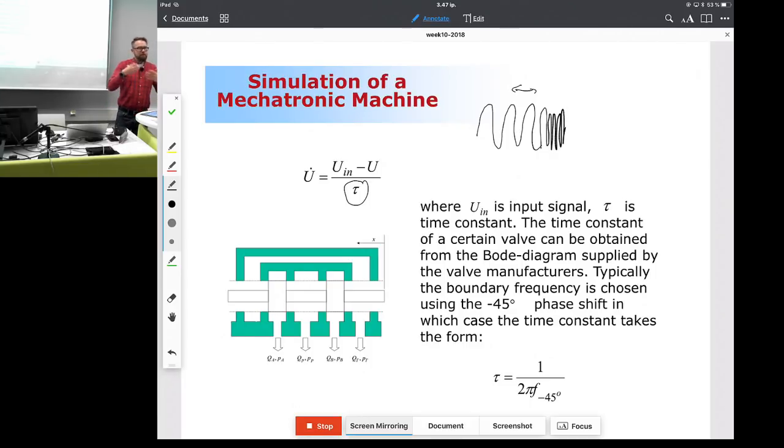At some point, the spool is no longer able to follow this very rapid signal, and it is left behind. And when it's left behind by a certain amount, then I can take this value, and I can tell, okay, this is how fast this one particular valve is.